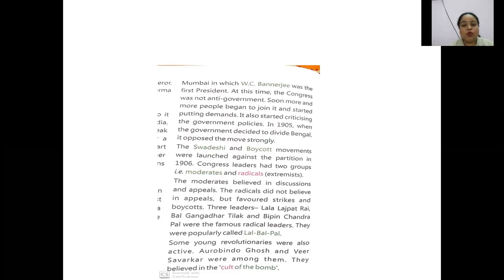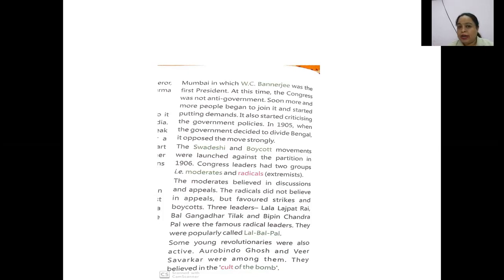Soon more and more people began to join and started putting forward their demands, and they wanted to get rid of the British government. It also started criticizing government policies. In 1905, when the government decided to divide Bengal, it opposed the move strongly.